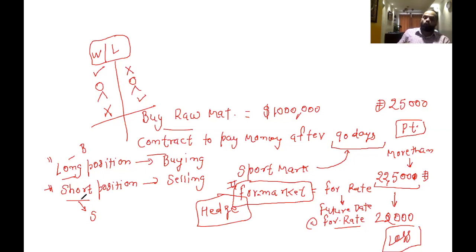So the conclusion is, if you want to estimate profit or loss in your long or short position, you always have to compare the spot price, let's say the dollar-pound exchange rate, with the forward price.